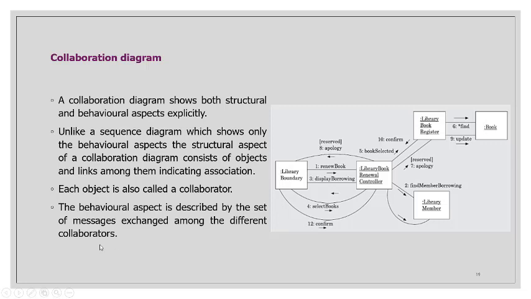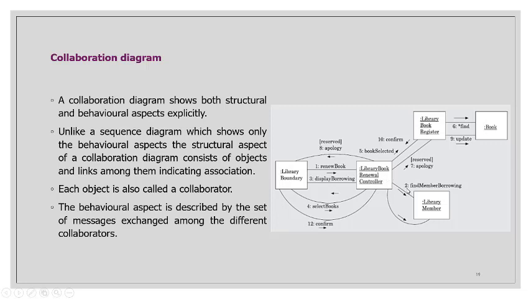This collaboration diagram shows the behavior of each and every object as shown here. The library boundary first renews some book, so it sends a message to the library book renewal controller. Then it sends the information to the library book register.